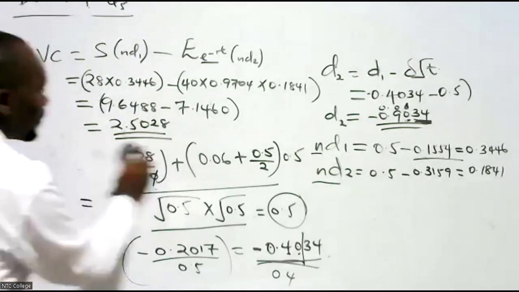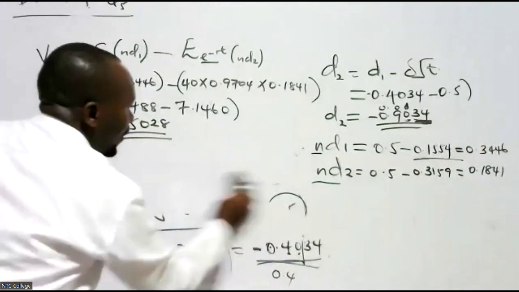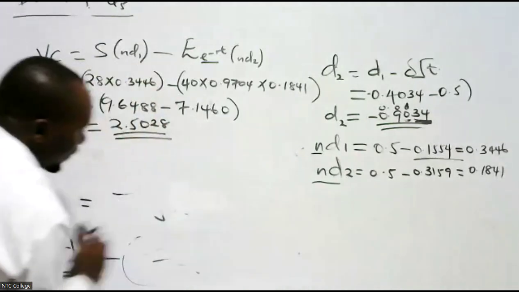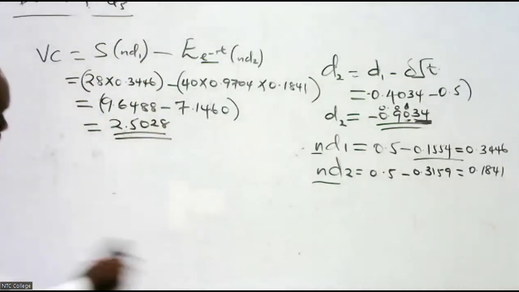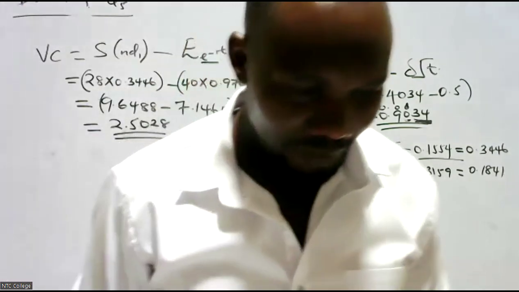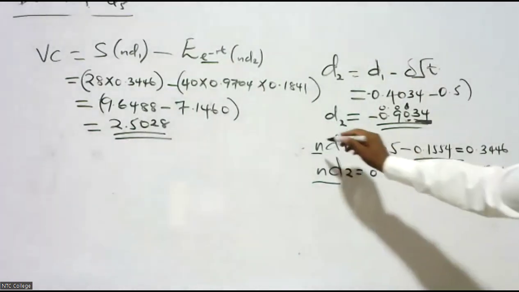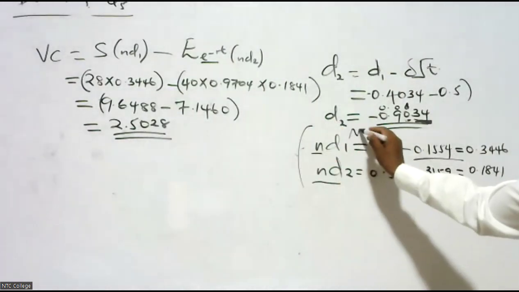Mpaka hapo ndio sasa umemaliza the value of call option. Is it challenging? Kupika hapo, I know the only place that you might have a problem is at the place of normalizing.